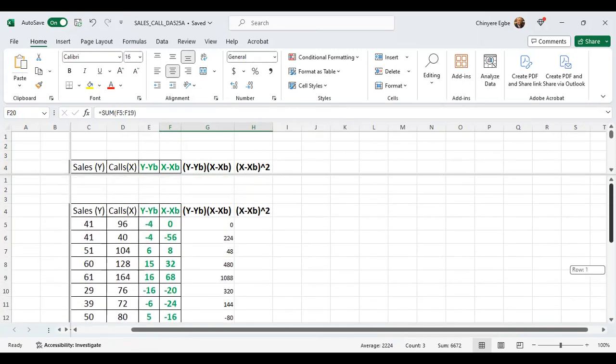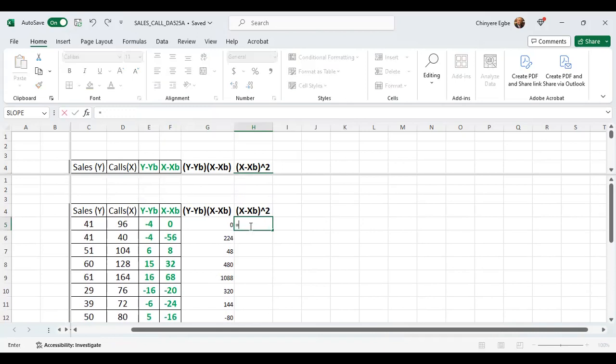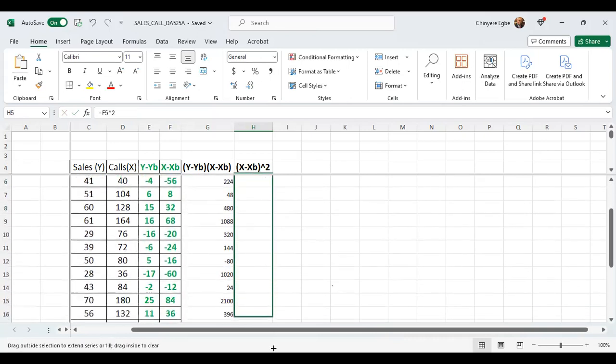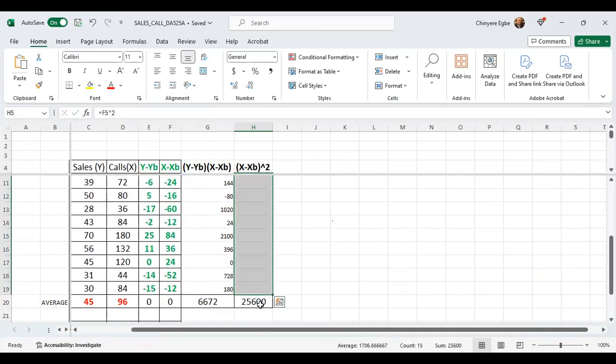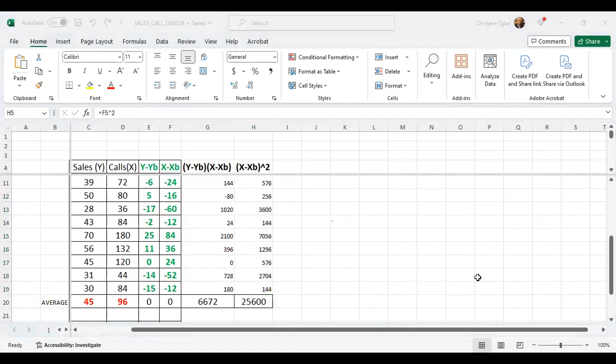And here will be X minus X bar squared, equals F5 to the power 2. And so that gives you the same results as you saw on the screen earlier.